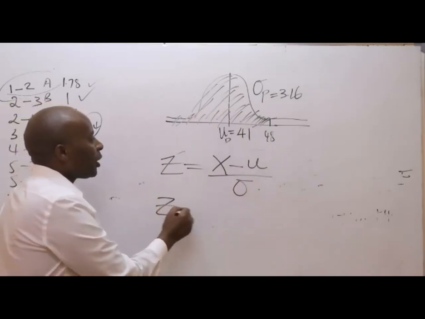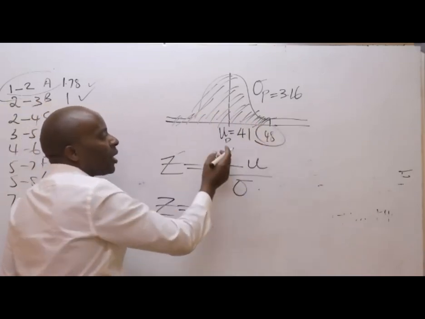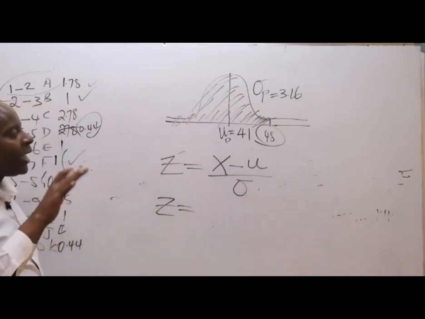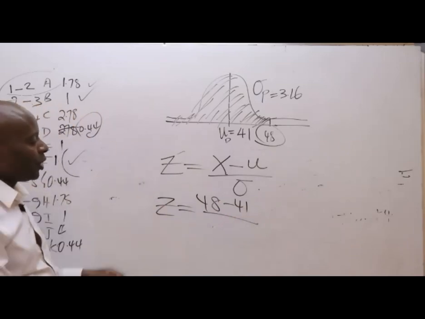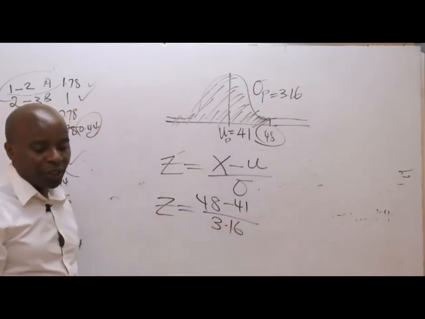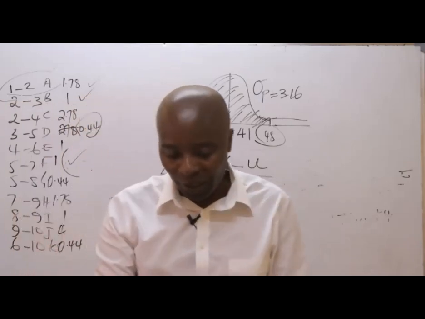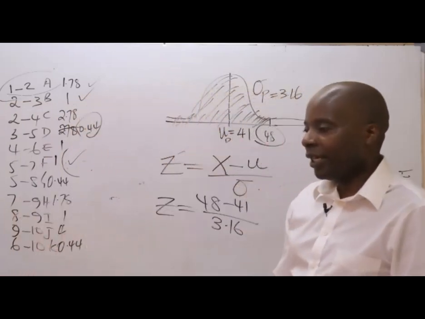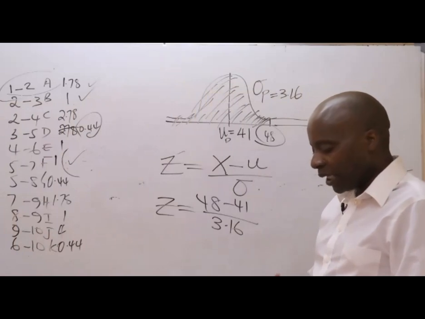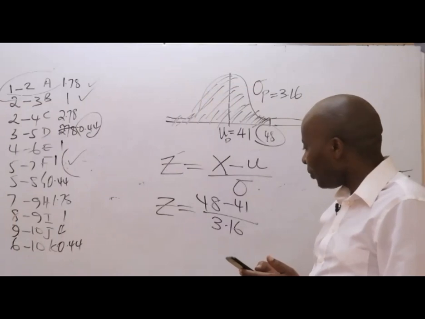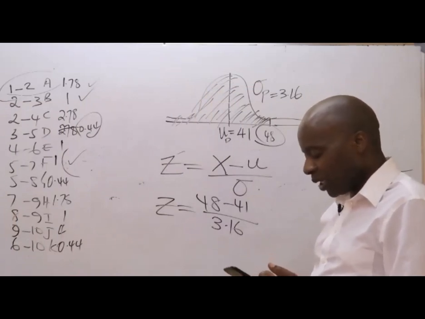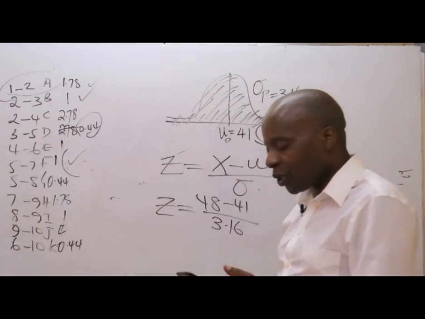X is the parameter on the X axis other than the mean. So this will be 48 minus 41 divided by the standard deviation, which is 3.16. If you do it that way, what are we going to get at the end of the day? We have 48 minus 41 divided by 3.16, which gives us 2.22.